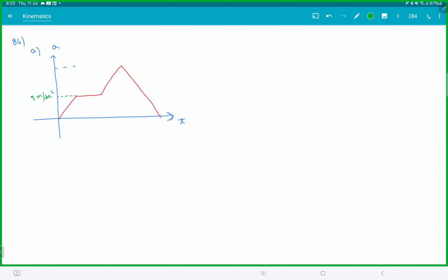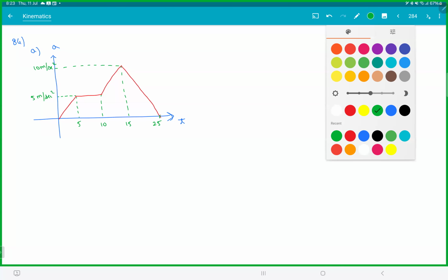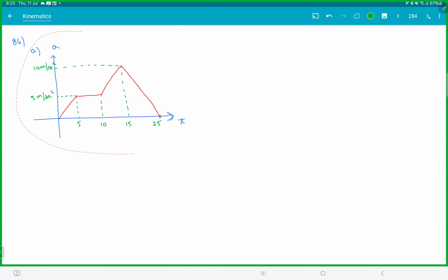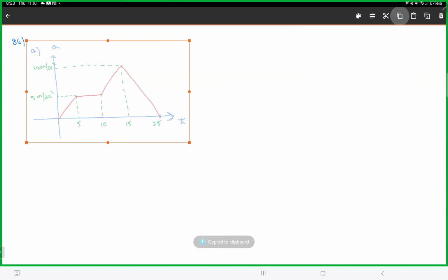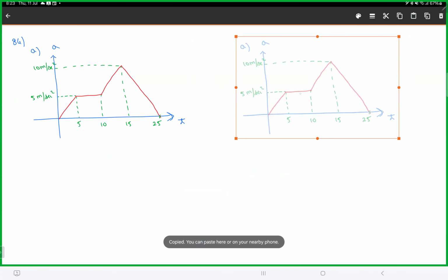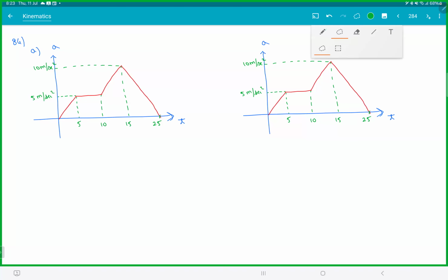5 meter per second square, 10 meter per second square. This is 5. This is 10. This is 15, and this is 25. Same graph.